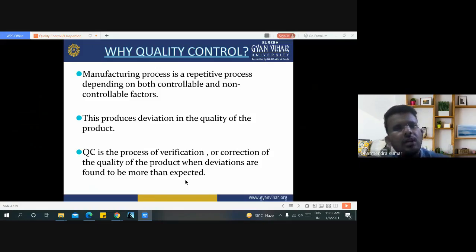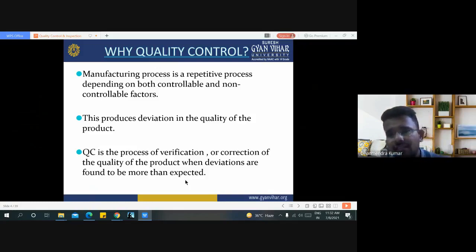Quality control is a process of verification or correction of the quality of the product when deviations are found to be more than expected. As we have discussed earlier, we expect some characteristics in the final product, and when the product comes from the company or manufacturing unit, we compare the various parameters of characteristics.